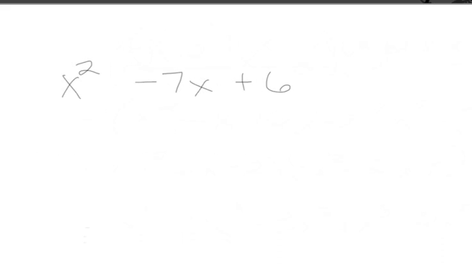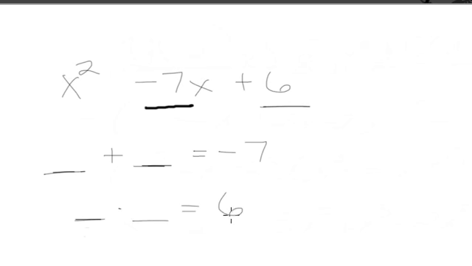In many ways, factoring is sort of a trial and error process. What you want to do is ask yourself if there are two numbers where if you add them together, they'll give you -7, and if you multiply them together, you would get 6. In other words, one thing plus another thing is equal to -7, while that thing times the other thing is equal to 6.